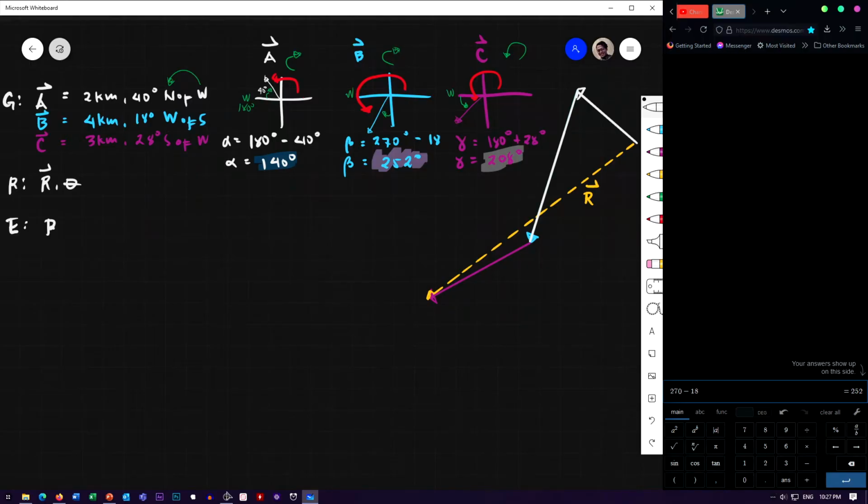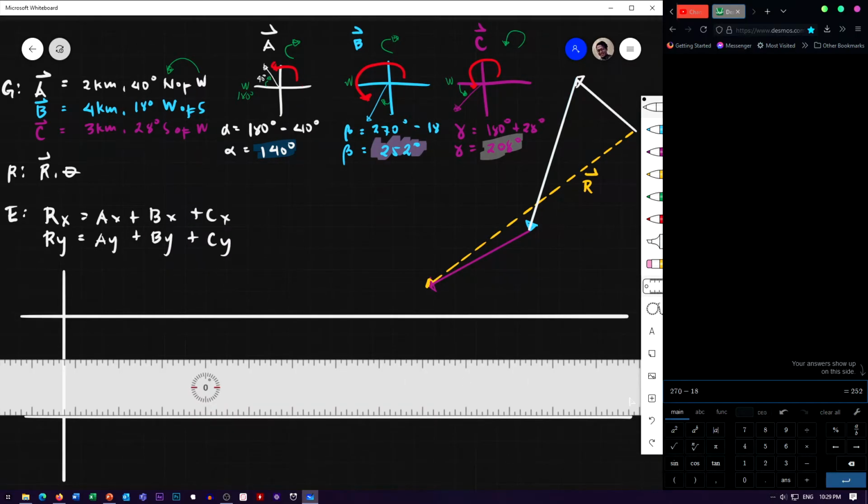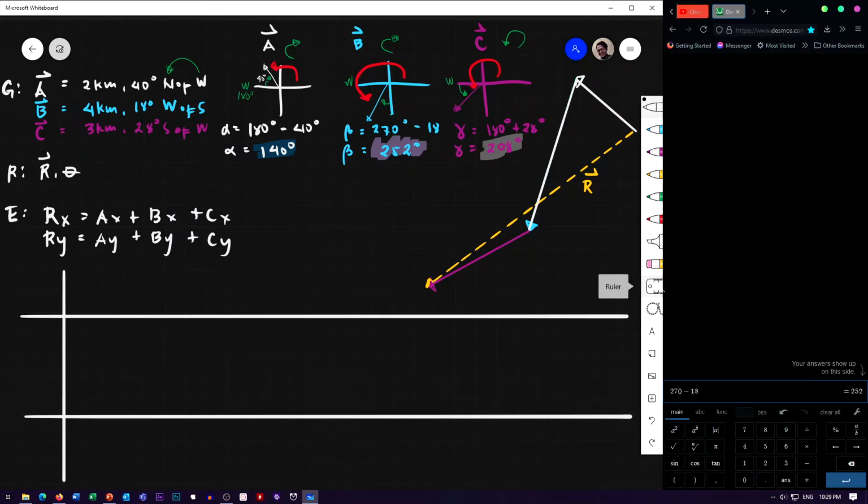So, for r sub x, it's gonna be a sub x plus b sub x plus c sub x, okay? And then for r sub y, it's gonna be a sub y plus b sub y plus c sub y, okay? There. So this will be our first table. So for the column header, we're gonna have r sub x, and then for this one, we're gonna have r sub y.